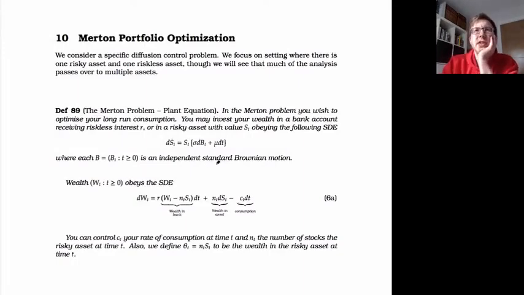We looked at a specific example where we could either invest in a single stock, which obeyed a geometric Brownian motion, or we could put our money into some bank account which gave us a fixed rate of interest, R. If we choose N_t, a number of stocks, and C_t, a rate of consumption, then our wealth evolves according to this stochastic differential equation.